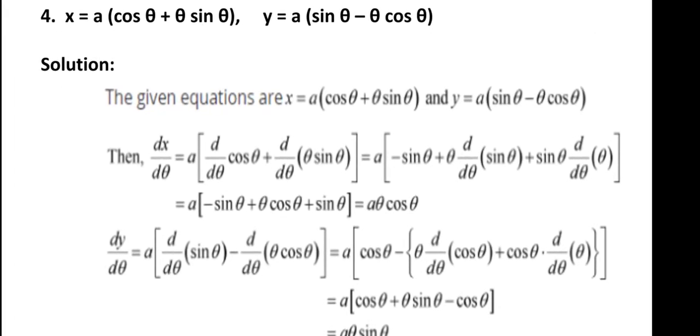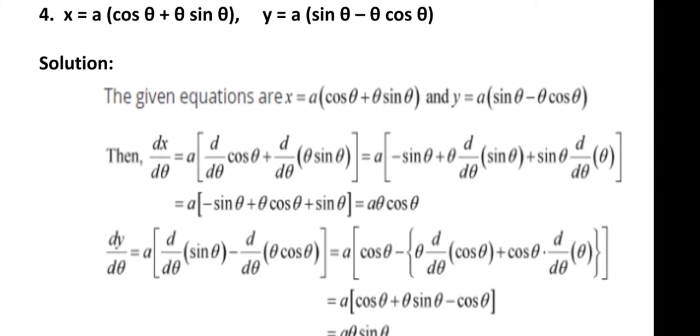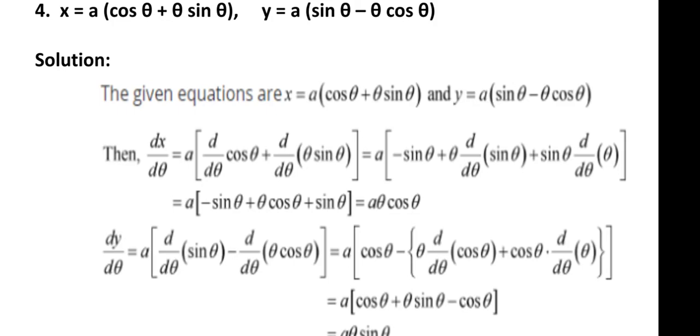So students, when you differentiate x with respect to theta, we get dx by d theta. a is constant, so it comes out of the derivative: d by d theta of cos theta plus d by d theta of theta sin theta. d by d theta of cos theta is minus sin theta, and for theta sin theta we have to use the u into v rule.